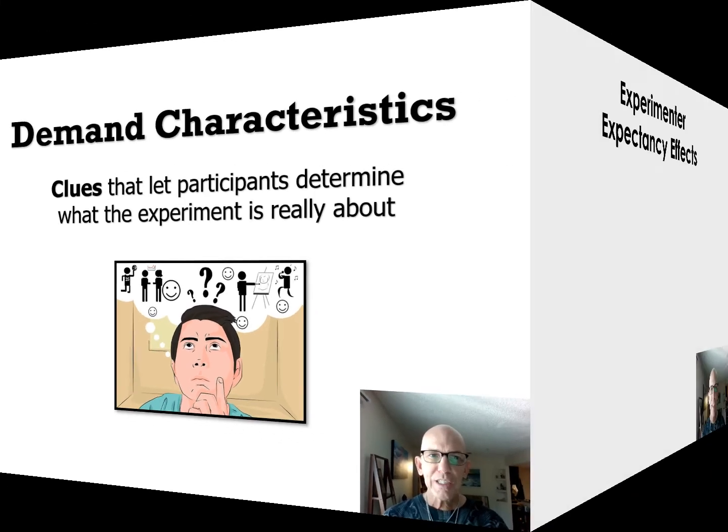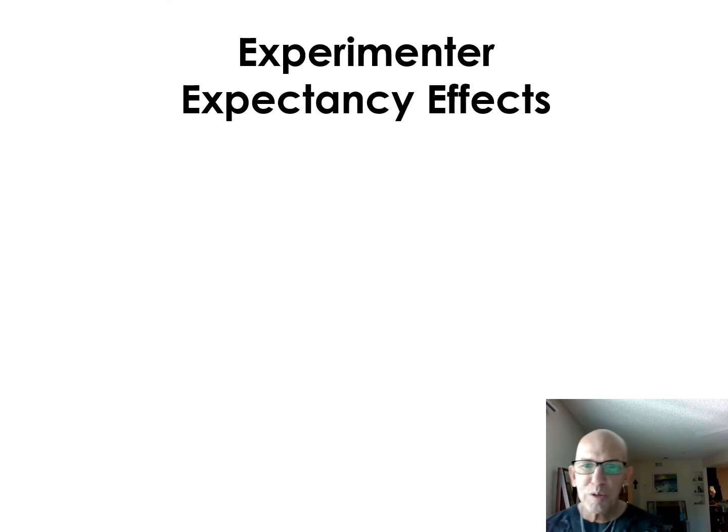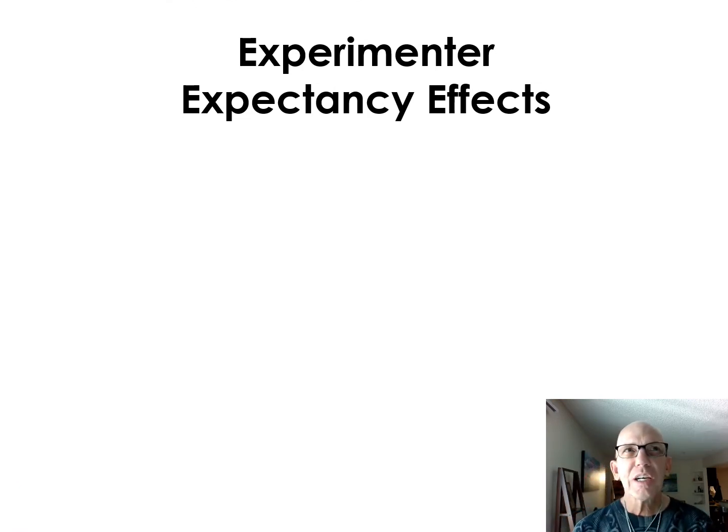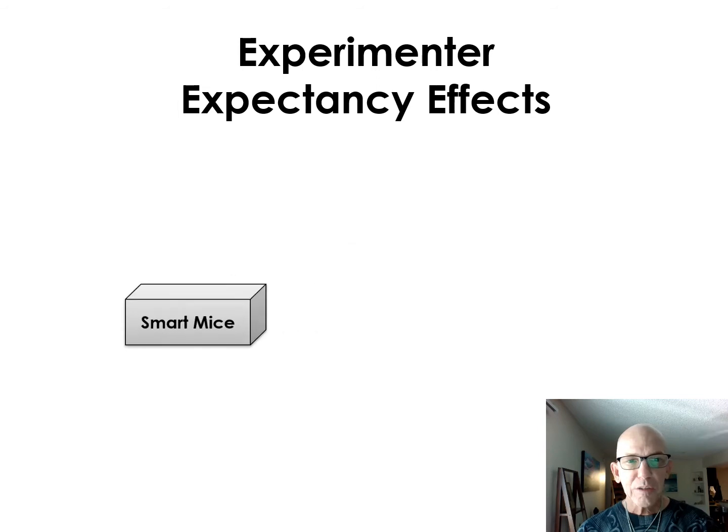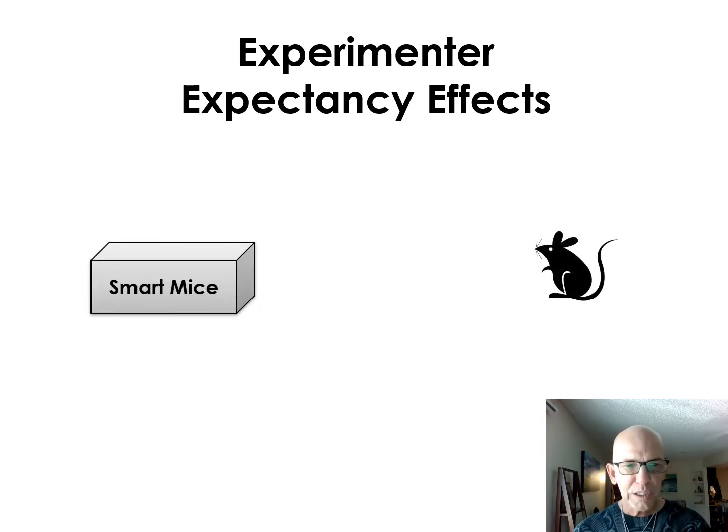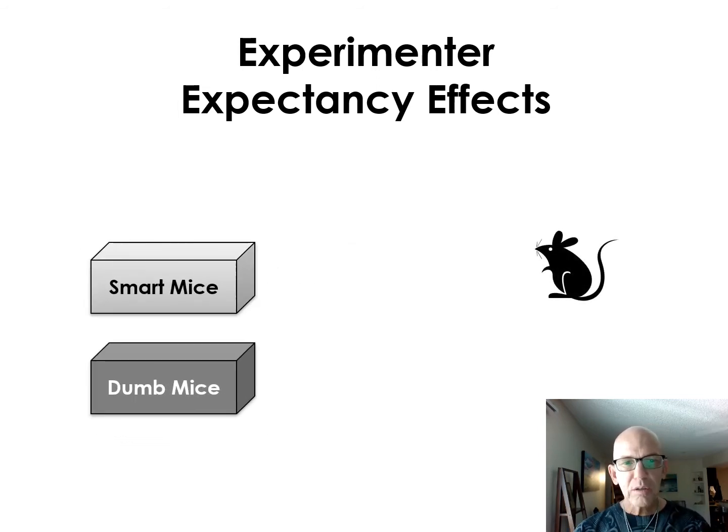Okay, I think the next thing is called experimenter expectancy effects. It's one of my favorite things because even Einstein said just by observing, the experimenter changes the nature of the experiment. I mean, because he becomes another variable, so to speak. Now, this is based on this little tale.